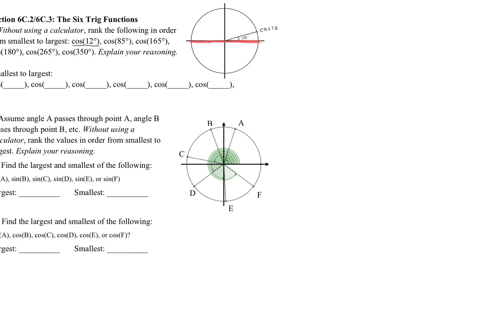Next one is cosine 85, which is not quite 90, but it is very close to that, so cosine 85. Next is cosine 165, which 180 is here, 90 is here, so 165 is like right about here. Okay, and then cosine 180 is right here.